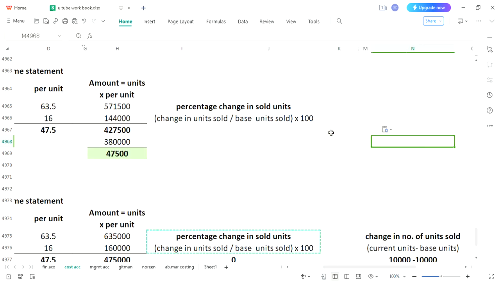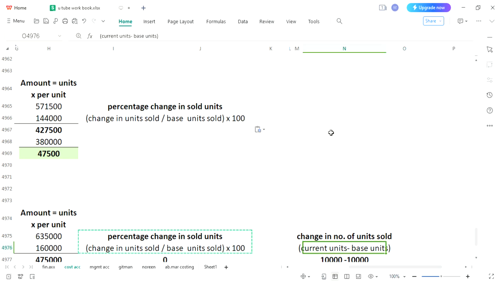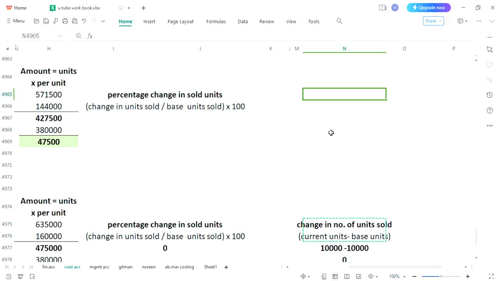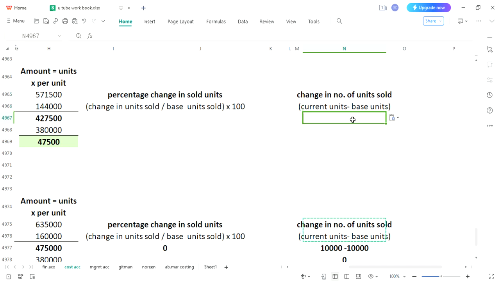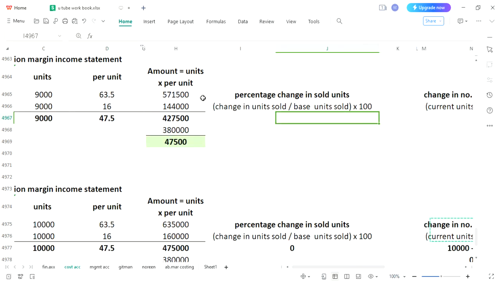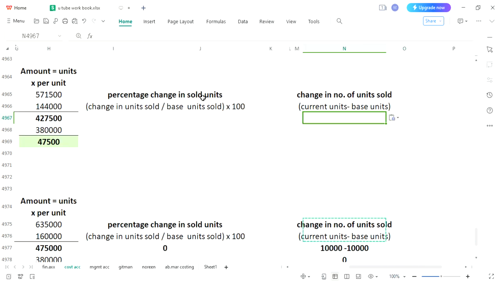As we have done in the B2 part, we will be doing the same in the B1 part as well. First step is to calculate change in number of units sold. Current units in B1 were 9,000. So you will be putting 9,000 over here.